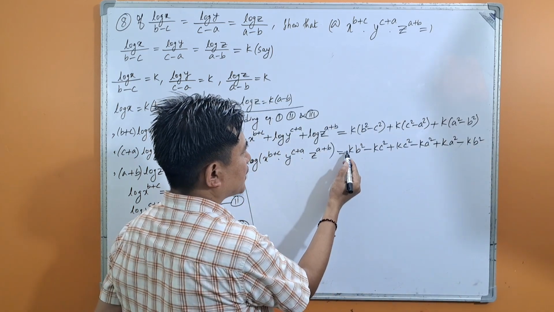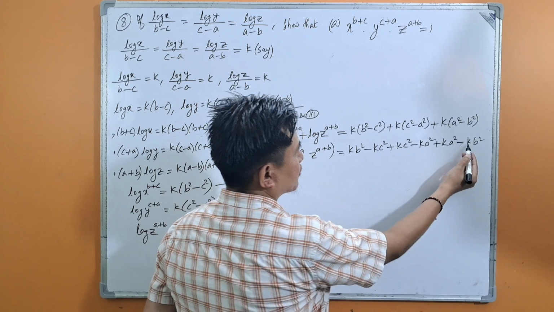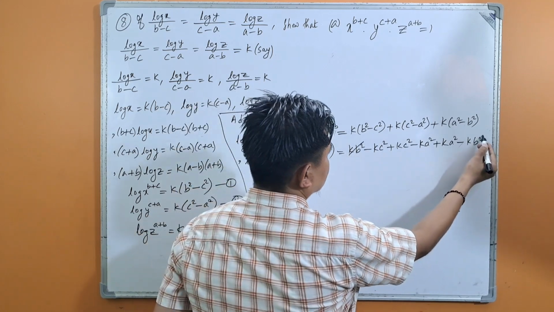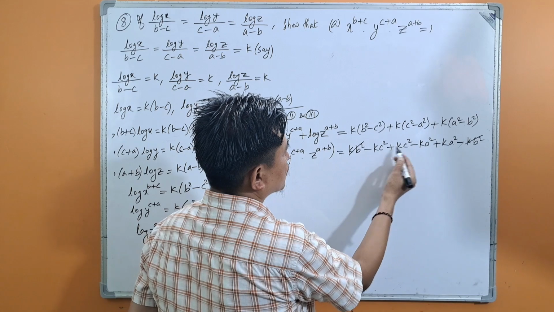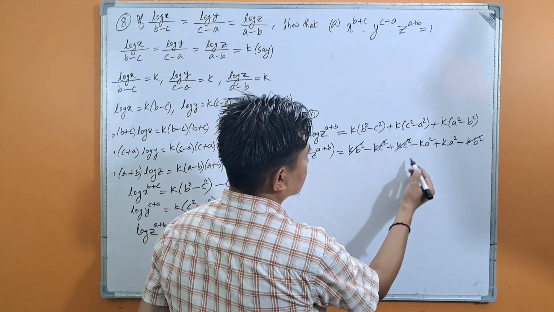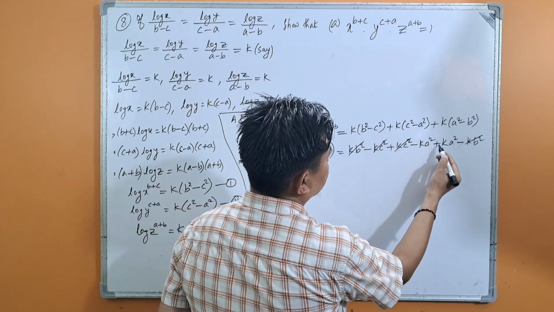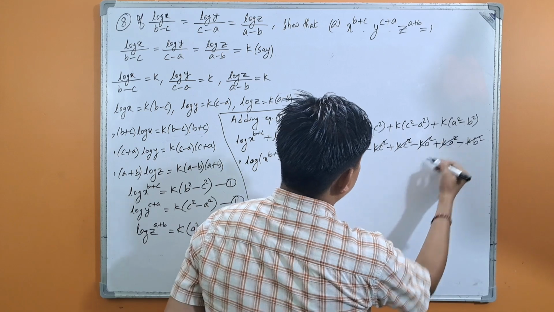Now we have plus kb square here and minus kb square here, so let us cancel this. This becomes 0. Minus kc square and plus kc square also becomes 0, isn't it? Minus ka square and plus ka square also becomes 0.